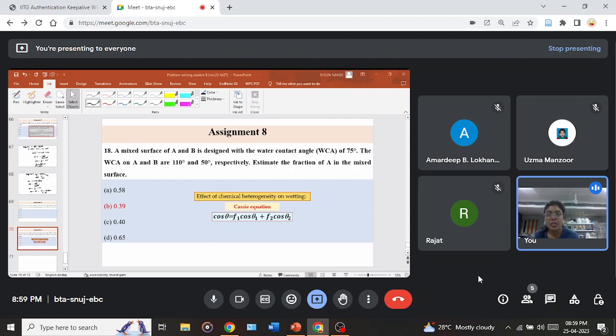You have the mixed surface water contact angle, the contact angle for surface A, and the contact angle for surface B. You have to estimate the fraction of A in the mixed surface. Also, the correct answer is 0.39. So if you are able to solve it, please let me know.